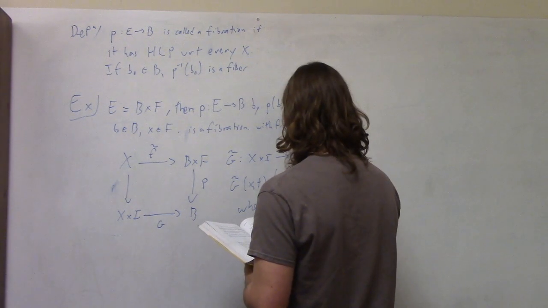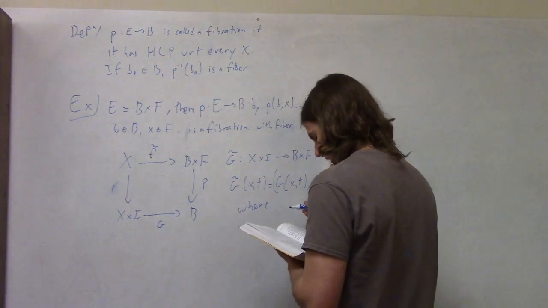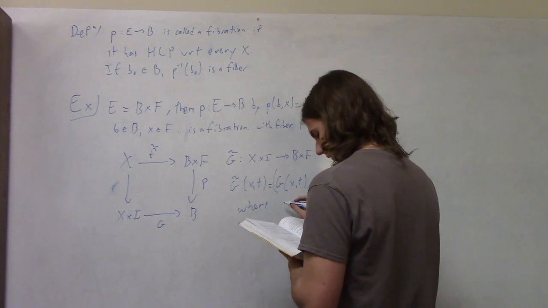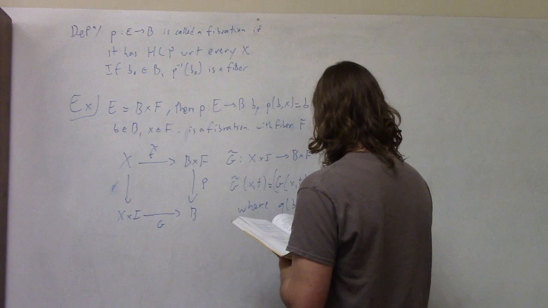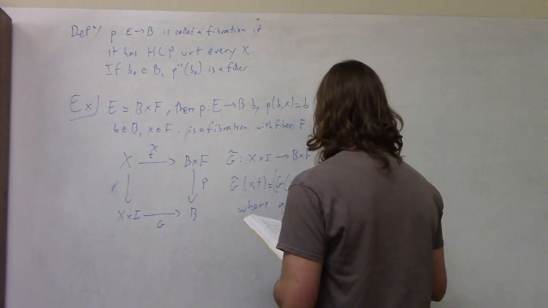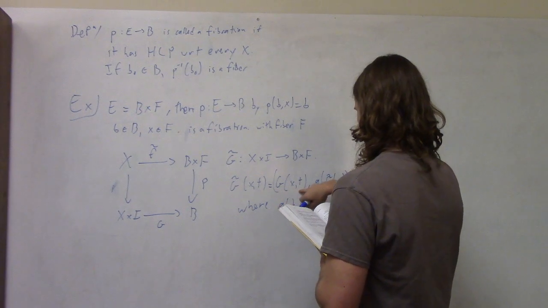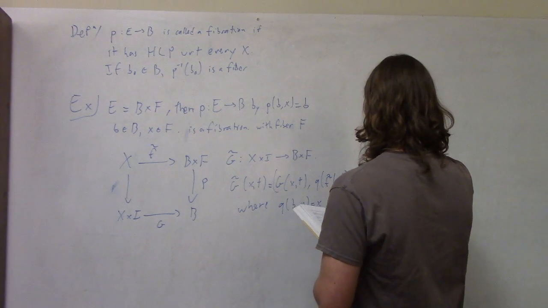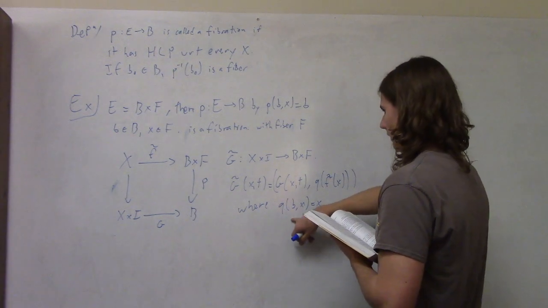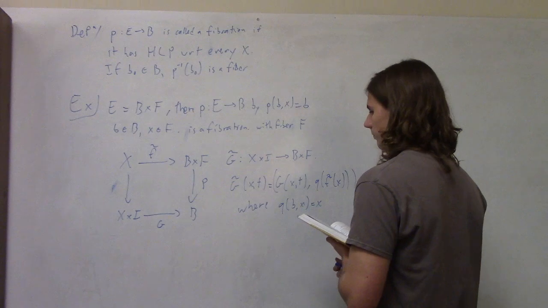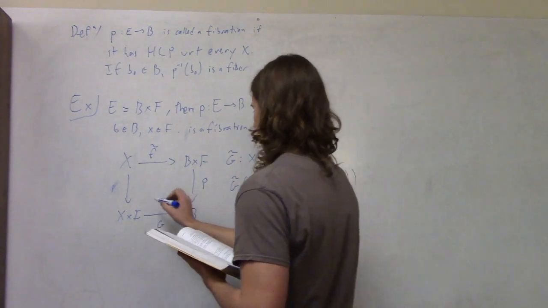So we can define this G tilde that gives it the universal lifting property as follows. G tilde of x comma t is equal to G of x comma t, comma q composed with f tilde of x, where q is kind of like the opposite projection.